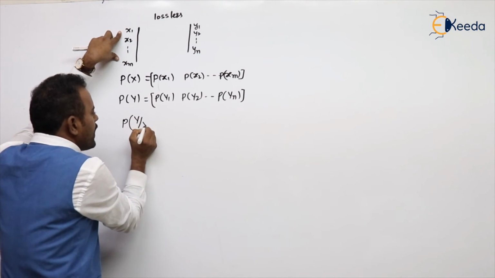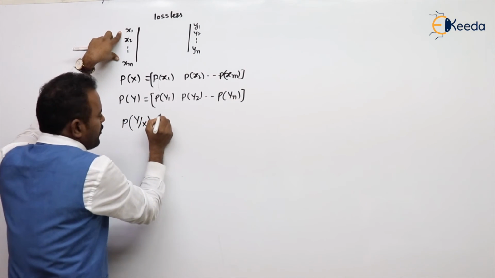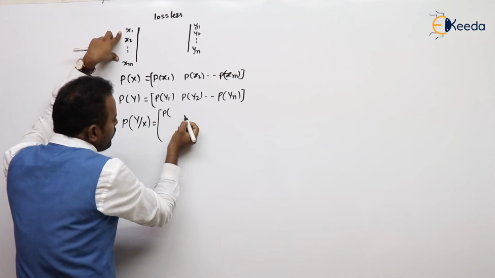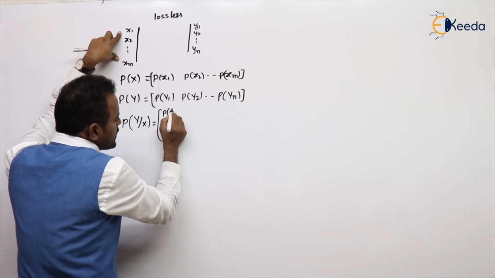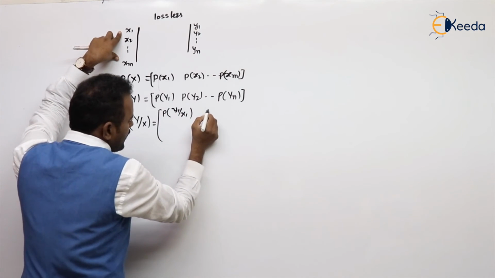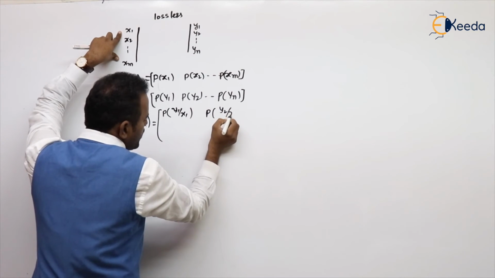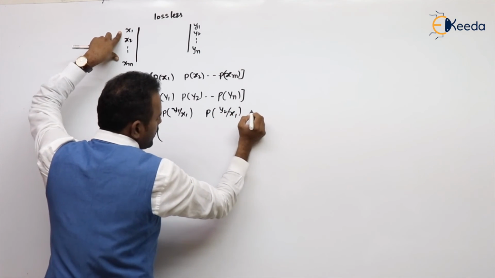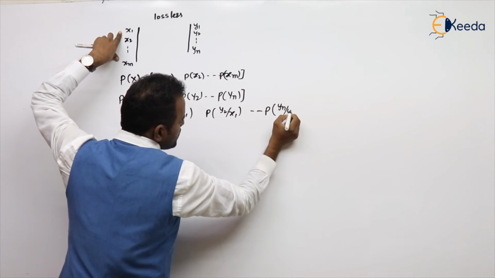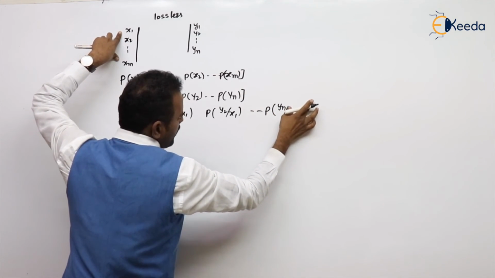So from the given channel, how to write the conditional probability matrix? Let's take y by x or x by y, any your wish. What is the first element? The probability of receiving y1 when you transmit x1, like y2 when you transmit the same x1, and so on, yn if you transmit the same x1 symbol.